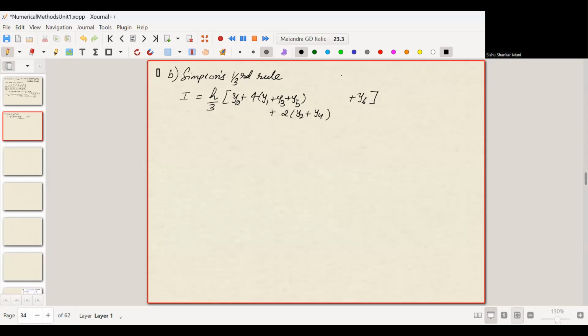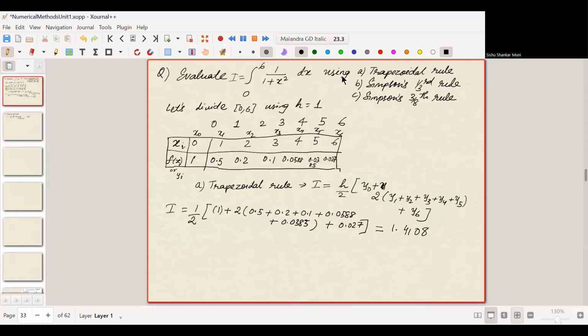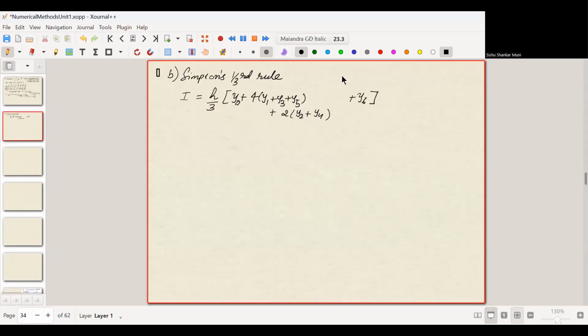Again, for y0 to y6, you can go to this data and put them here, and you get Simpson's 1/3. So now you can appreciate how important it is to generate the data first. Once you generate your data in x0, xi, yi format, then all integration rules are ready.